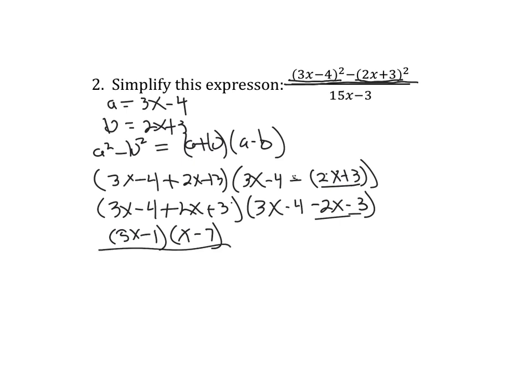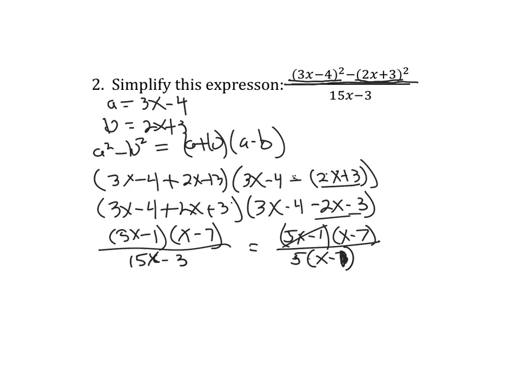And again, that's still being divided by 15x minus 3, which we can rewrite as (5x minus 1) times (x minus 7) over 5 times (x minus 3), or I'm sorry, x minus 1. These cancel out.